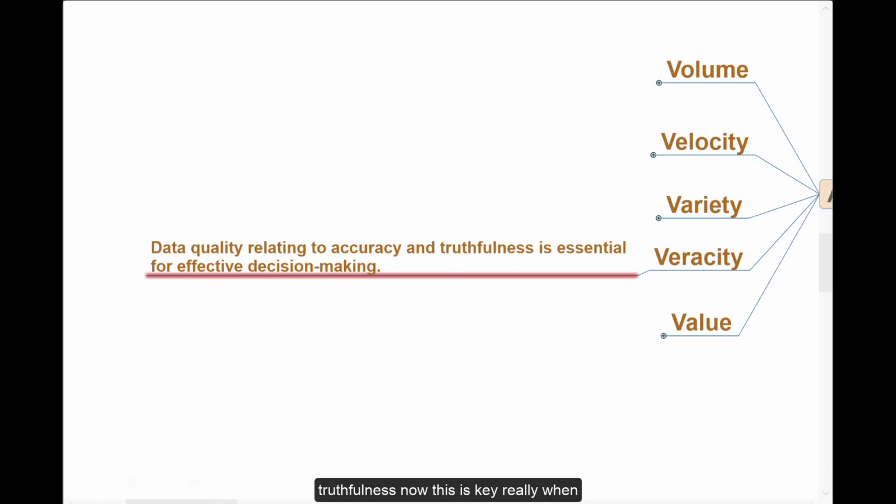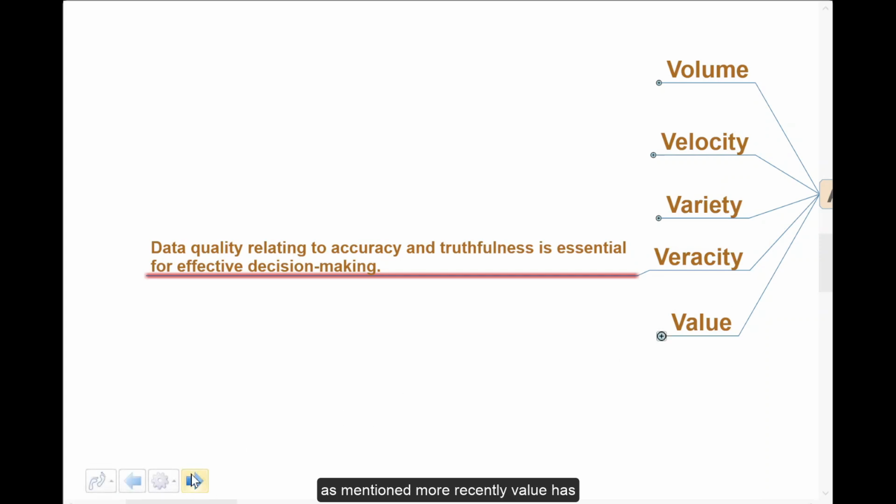This is key, because it's all well and good having a lot of information coming at you quickly in different forms. But if you can't rely on it, if it's not accurate, if it's not truthful, then making the right decisions based on that data is going to be tricky. You've got to ensure the veracity of data to ensure that the decisions you make are on point.